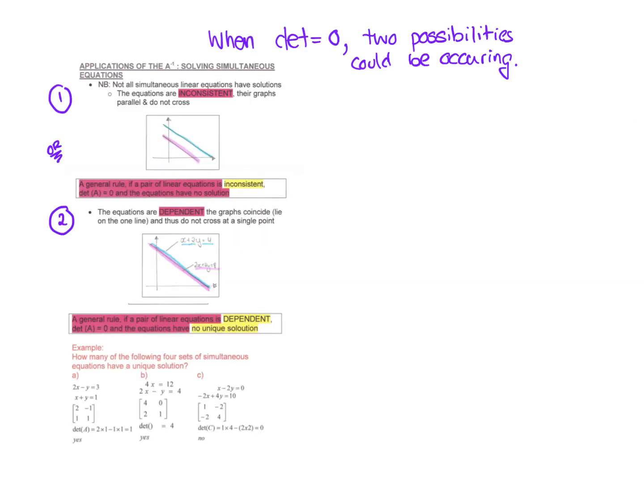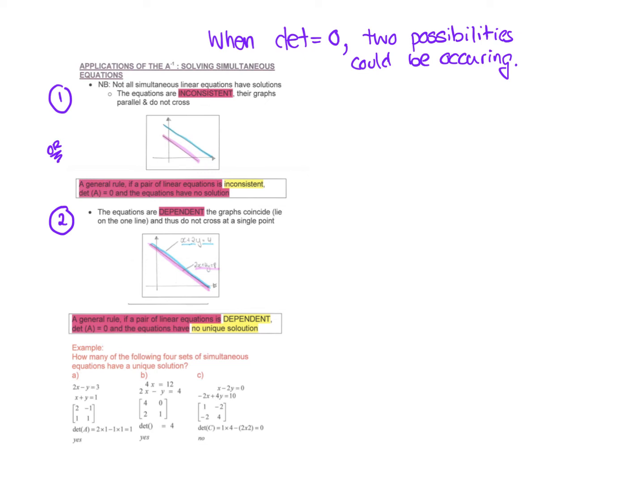When the determinant does equal 0 and you can't solve the simultaneous equations, these are the two things that are happening. Either the lines are parallel, so they never cross to give a unique solution, or the two equations are actually the same line, just written differently. You don't need to stress too much about this, but it's good to have an understanding of what's going on.